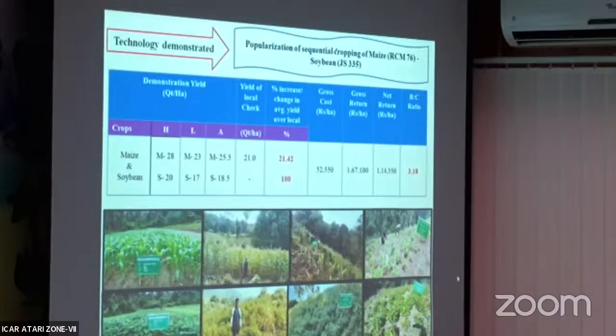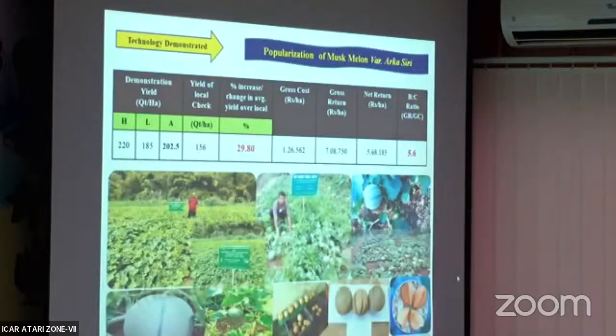Here we found 21.42% increase in case of maize, and 100% in soybean due to non-practice of sequential cropping by the farmer, and BC ratio 3.18. Popularization of muskmelon Arka variety. Here we found 29.8% increase over the local practices.